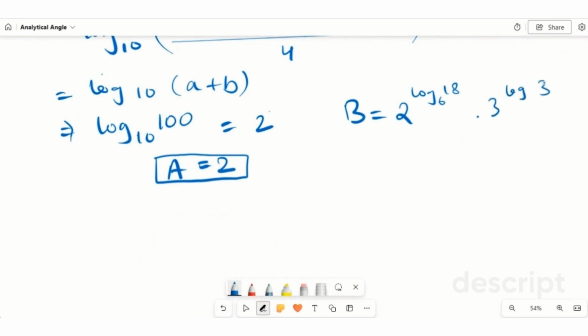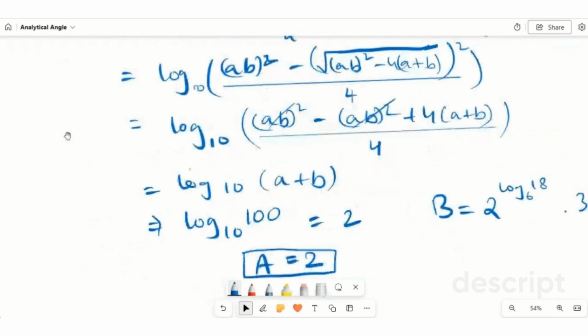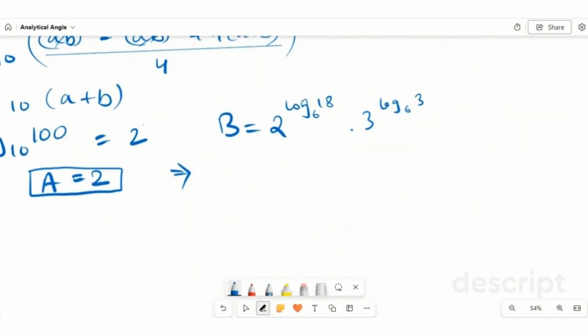Let us check once if we have written that correctly or not. Let us revisit the question once. Yes, it is correct.